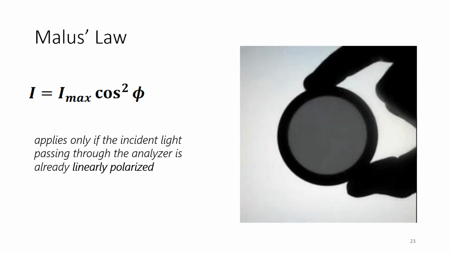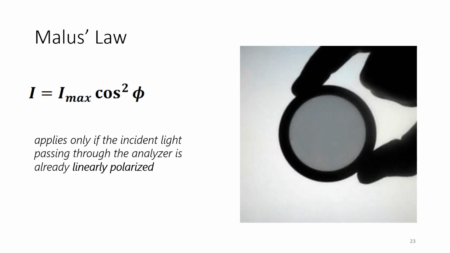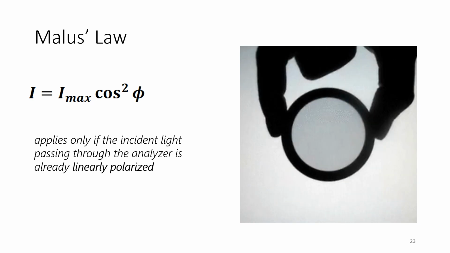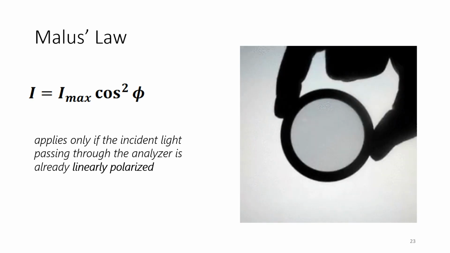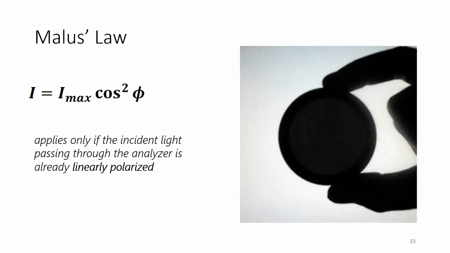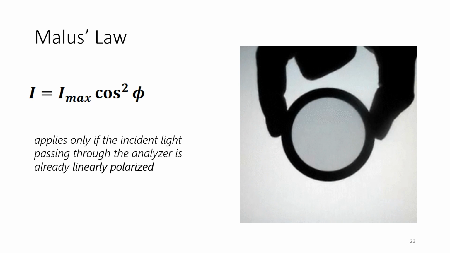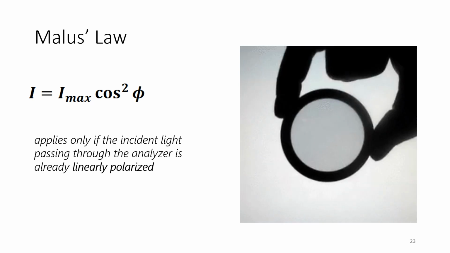So at this point, let's time the instant at which the polarized light is at its maximum. When he rotates it to the right, it turns black, and when he rotates the axis towards the top, it's going to be at its maximum value.